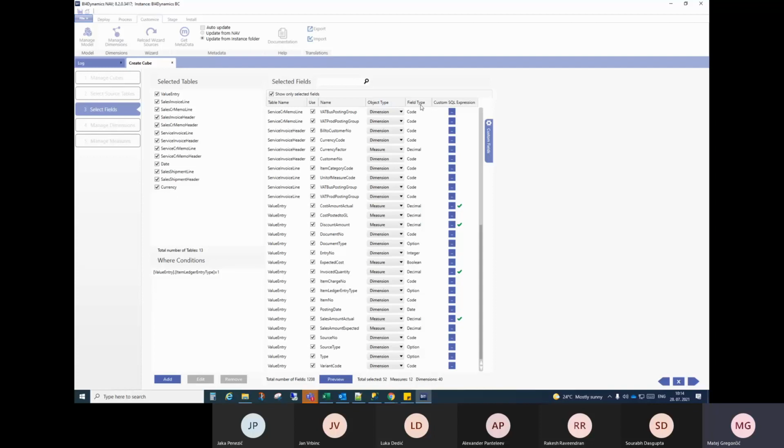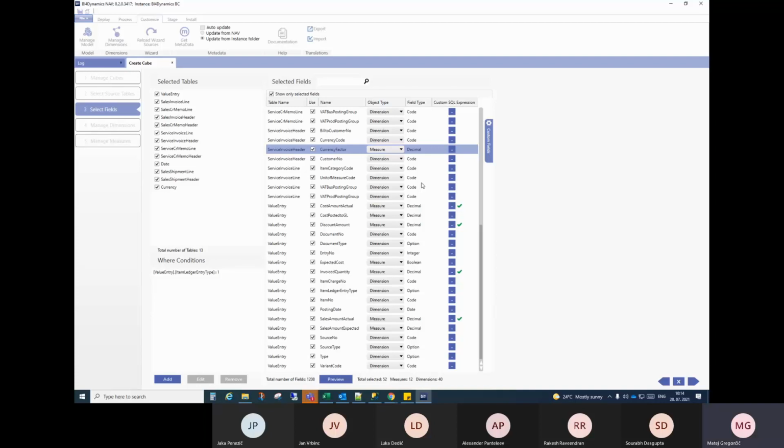If you look at the field type, we have code, decimal, integer, and so on. If you know a little bit of SQL, you know the code will be a dimension, and when we have a number, decimal, that is going to be a measure. We decide this for you. You always have an option to change this as necessary, but usually it's not necessary. I'm just mentioning it so you know you have the option.